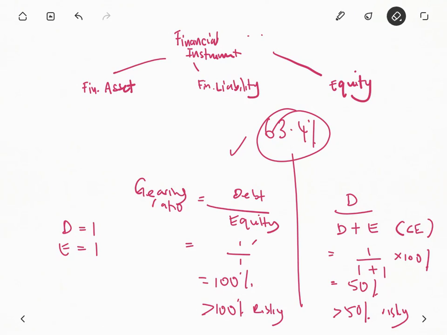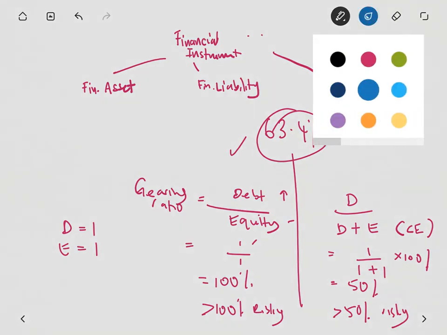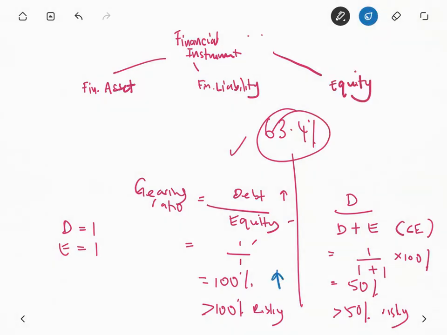Now, if I have a financial instrument and I classify it as a liability, what happens to my gearing? My gearing will go up, correct? Because my debt will go up: if I credit liability, my liability goes up, my equity remains. Overall, the percentage will go up because debt increases.